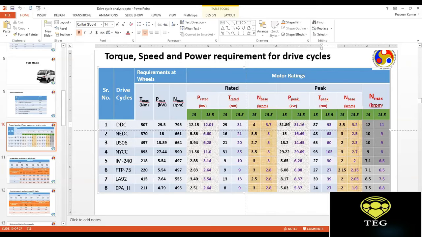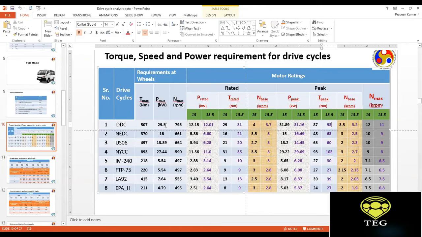That's the reason why for the 1 is to 15 gear ratio, you need a motor with a peak output power of 31.89 kilowatt. And for 1 is to 13.5, you need a motor with a peak output power of 31.16 kilowatt to make sure that the wheel gets 29.5 kilowatt of power.